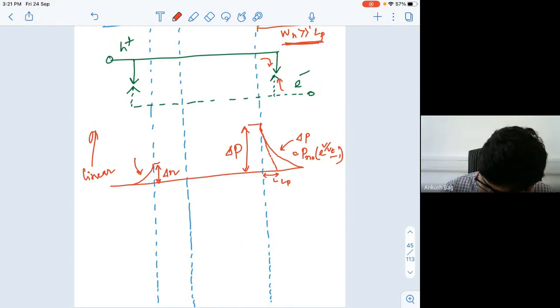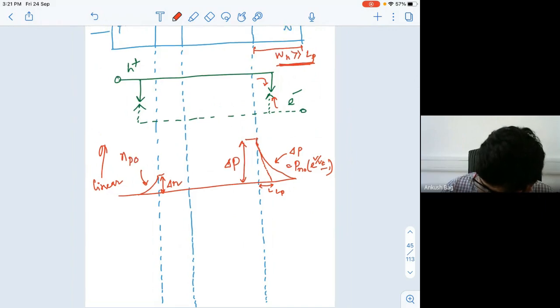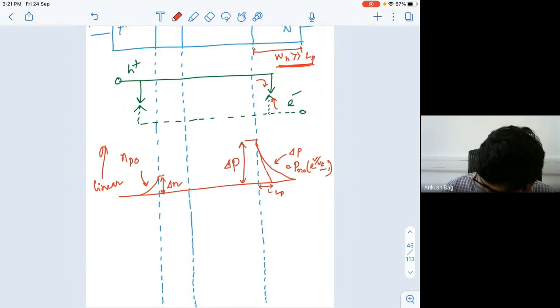And similarly, your del N should be equal to Np0, the injected electron concentration on the p side. This is the minority carrier electrons under equilibrium, multiplied by e to the power V by Vt minus 1.